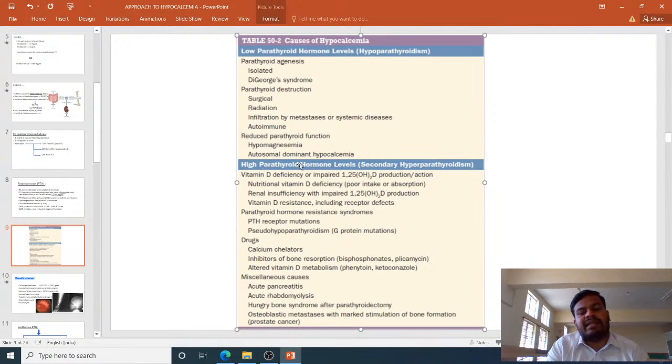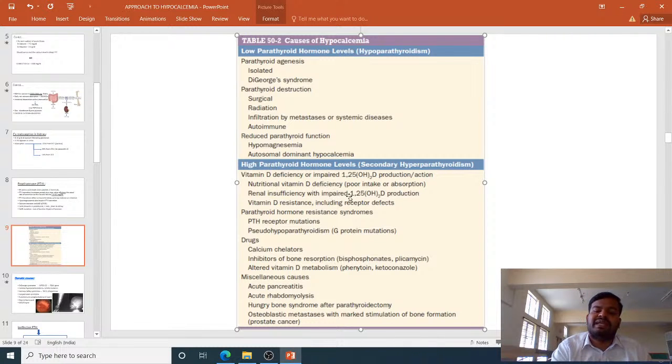And high parathyroid hormone levels are seen in secondary hyperparathyroidism, seen in vitamin D deficiency or impaired 1,25 dihydroxycholecalciferol production. This 1,25 dihydroxy vitamin D is also called calcitriol, or impaired vitamin D action.